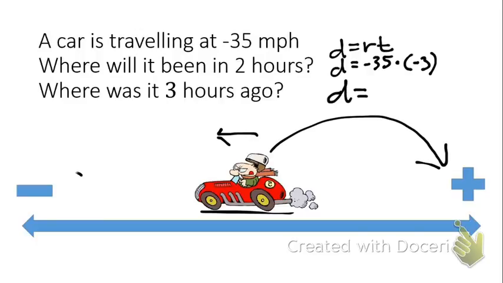So negative 35 times negative 3 is going to be 105 miles in the positive direction. He was 105 miles to the right 3 hours ago.